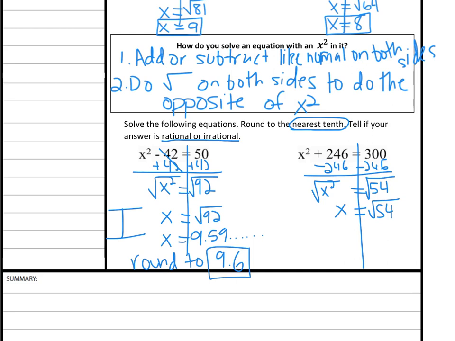Or if we turn it into a decimal, it's x equals 7.348... Again, that is random and going on forever, so it is irrational. And I should round it, so I'm going to round it to the nearest tenth. x is going to be 7.3 because that 4 behind the 3 is not big enough to bump it up. It has to be a 5 or bigger. So that would be my answer.